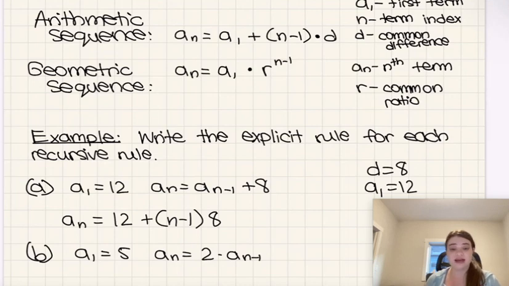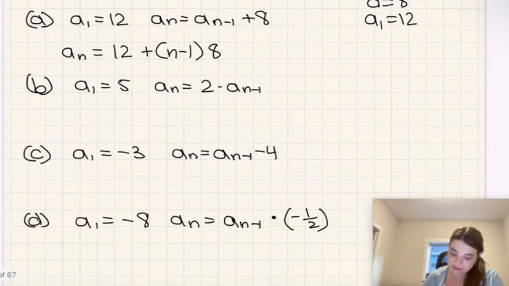So if we wanted to find the 10th term, we could plug in 10 and find the 10th term very quickly without having to find the 9th term first, then the 8th term, and then the 7th term, and so on. Or if I wanted to find the 100th term, all I have to do is plug in n is equal to 100 and solve this simple equation, and we have our answer. So that's pretty cool.